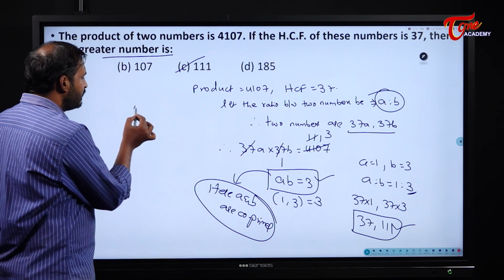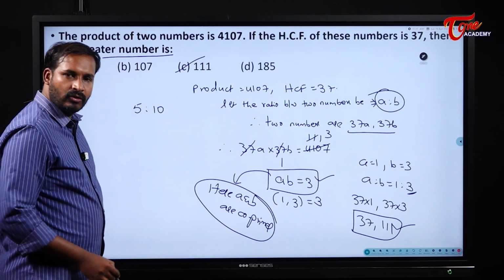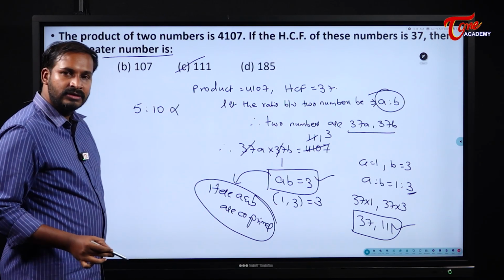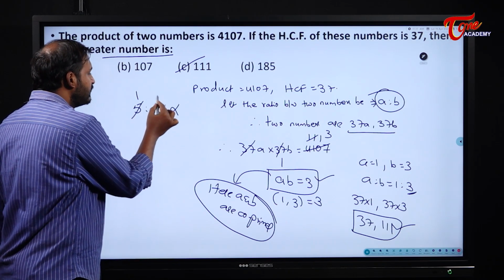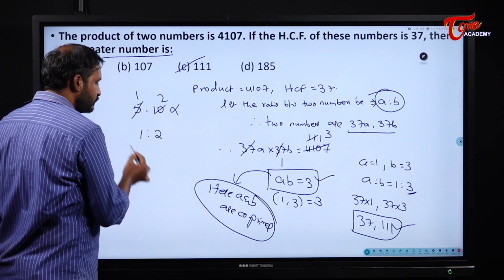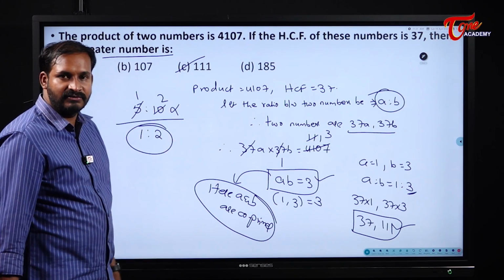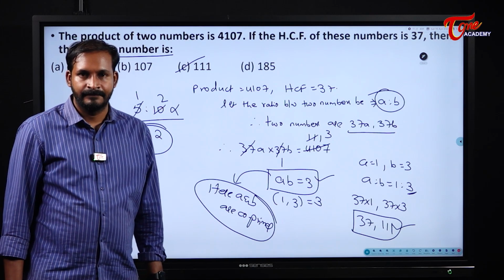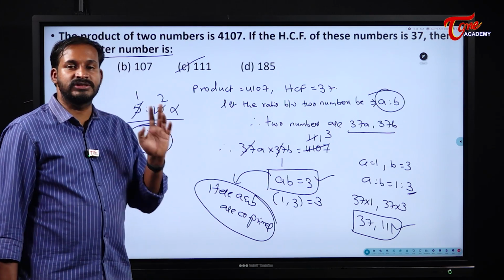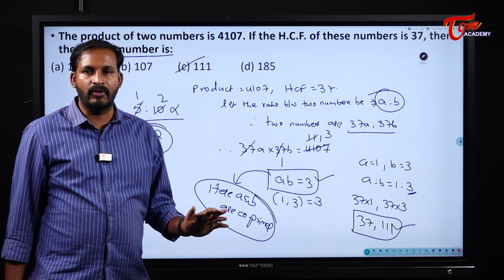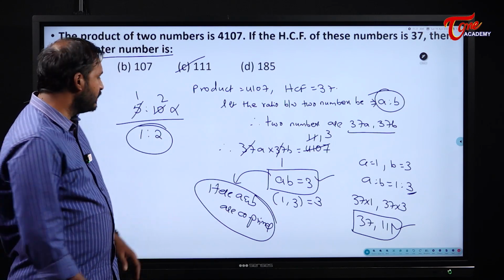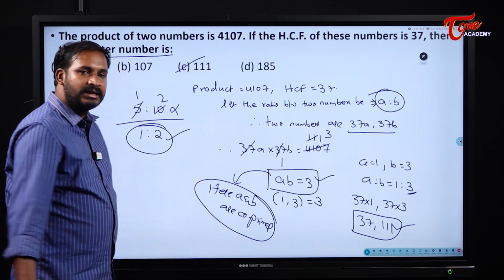Will you write a ratio anywhere as 5:10? No, you will never write the ratio as 5:10. What you will do, you will once again cancel it and then finally you will write 1:2. But you will never say the ratio as 5:10. That is completely wrong. Until those numbers become co-primes, we will cancel them. Okay, so here our answer will be this one.